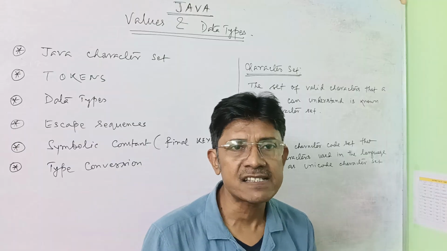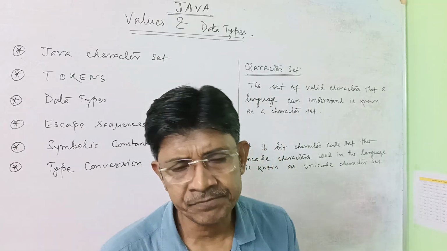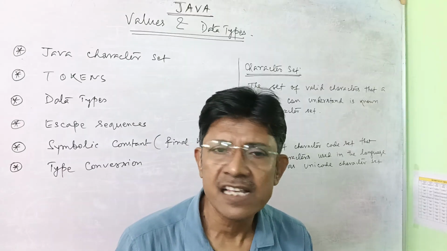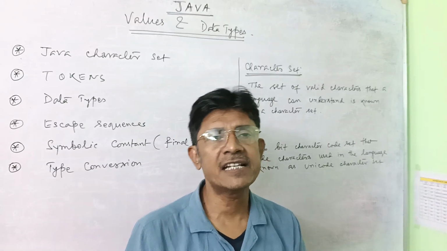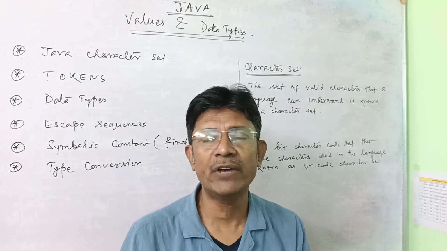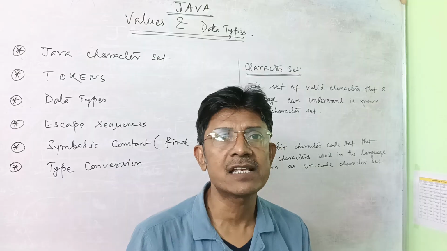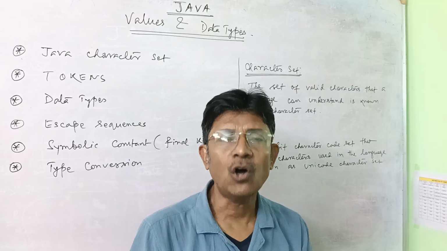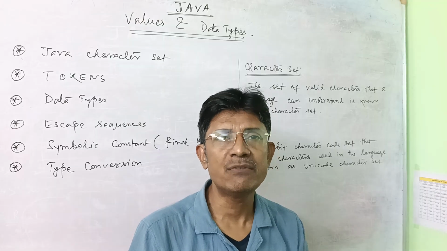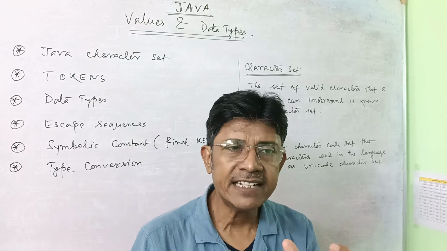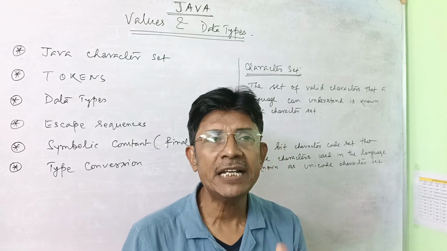What are the character sets? Suppose in our normal English language, the character sets are alphabets, uppercase and lowercase, as well as other things. Whenever we write a sentence, we need the exclamation mark, question mark, numbers 1, 2, 3, 4, all the characters we need to complete the sentence.